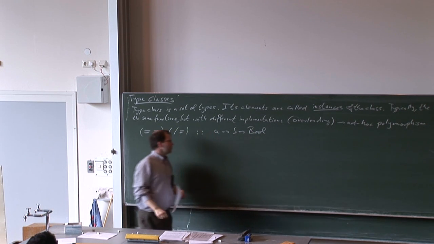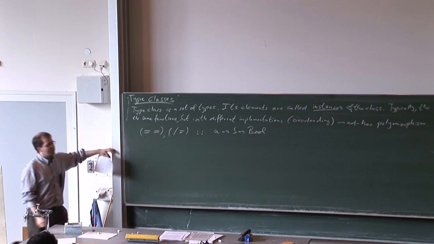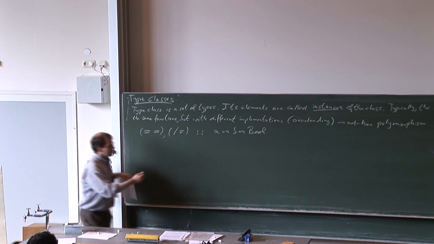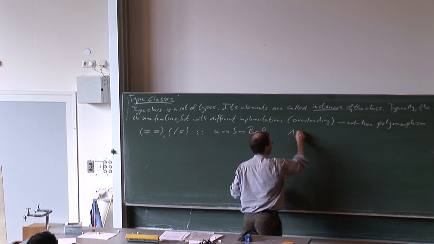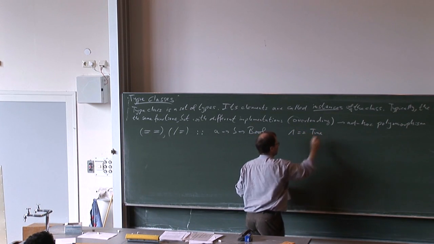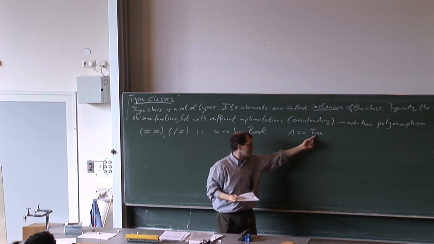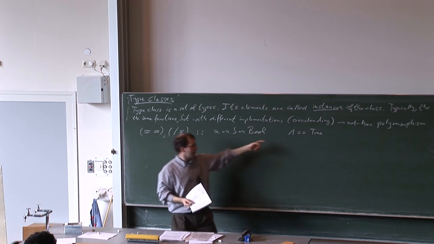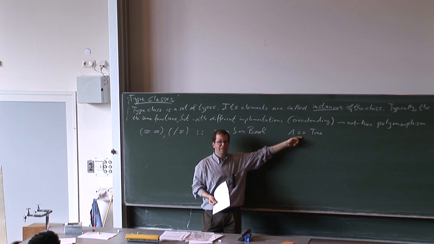Now, if it would be like this, then you could write things like 1 equals true. That is something you're not allowed to write. So if you would write something like this, this would be an integer, this would be a boolean. If the type of equality would really be this, then it would be okay to write something like that, but that's not okay in Haskell.